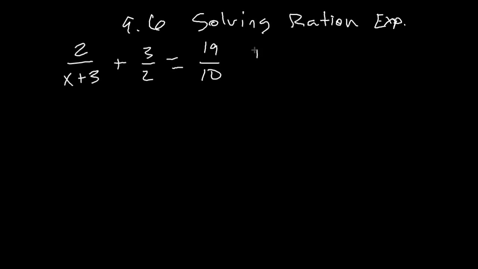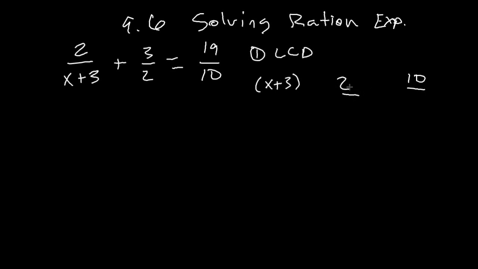The first thing we're going to do is find the LCD. So, if we look at our denominators, we've got x plus 3, 2, and 10. Okay, so here we've got some variables, we've got a couple numbers here.